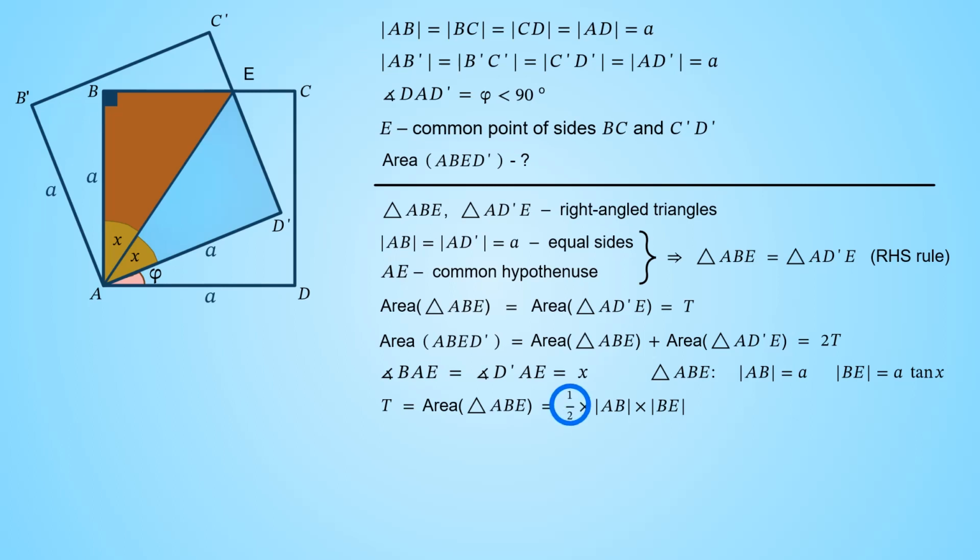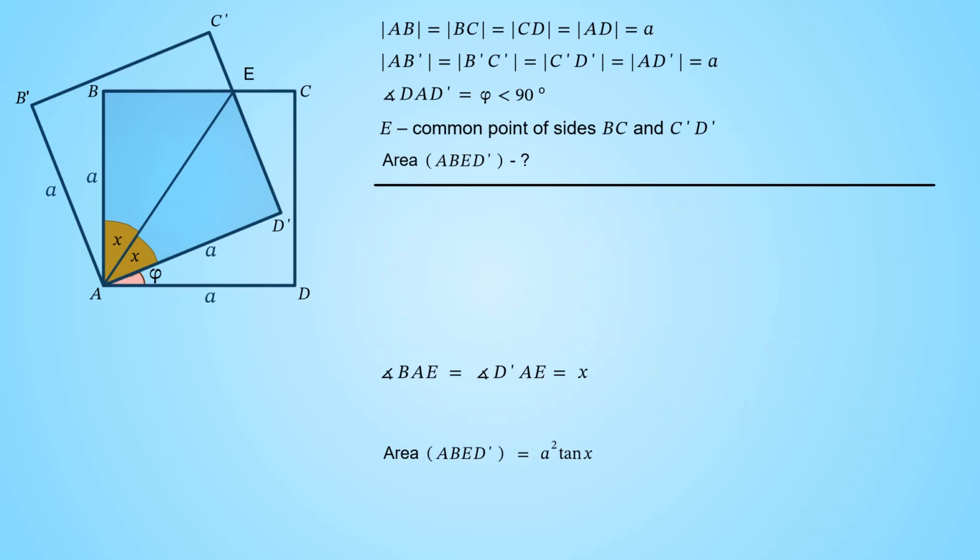It equals half the length of AB times the length of BE. After the simplification we get half of A squared times tan of x, while the area we need is 2 times T, or A squared times tan of x. Which is not yet the answer, as it contains the unknown value of x.